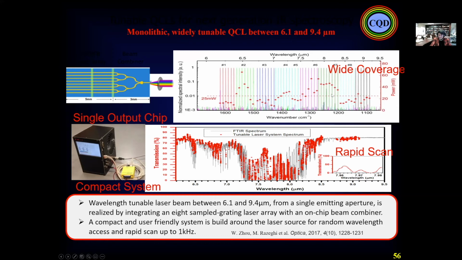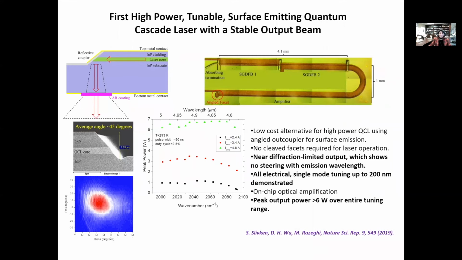So that is unique, again, beautiful and unique in the world. Now, going to the first high power tunable surface emitting quantum cascade laser with a stable output beam.